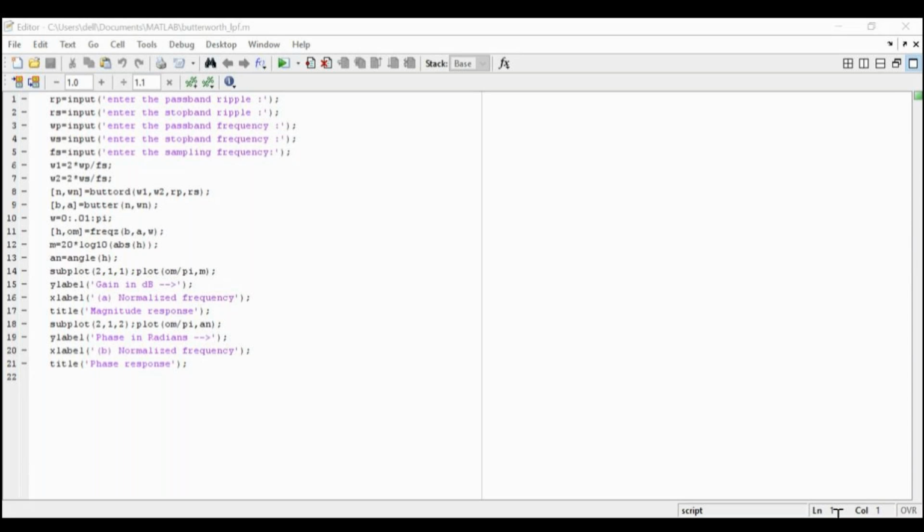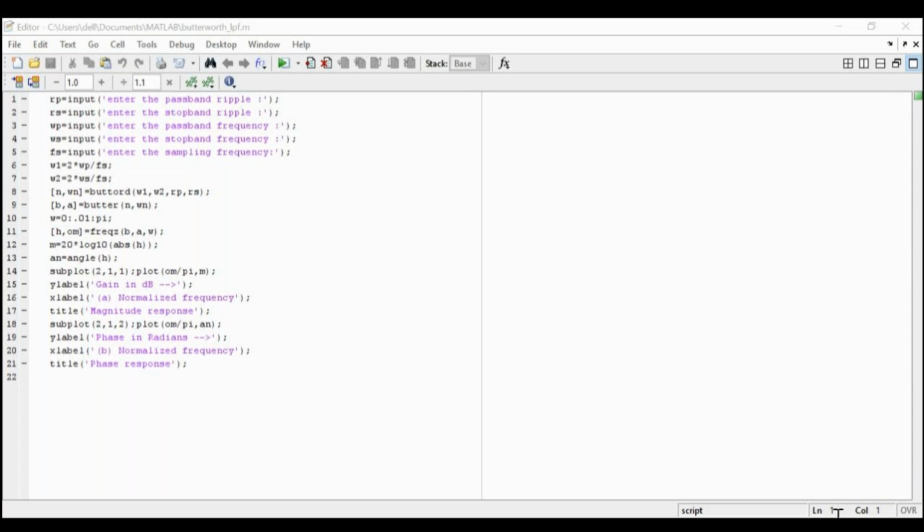Then, taking e power j omega is cos omega plus j sin omega, and e power minus j omega is cos omega minus j sin omega, and then bringing it into the form of a plus jb. Already you know how to plot the frequency response, taking omega values from 0 to pi.